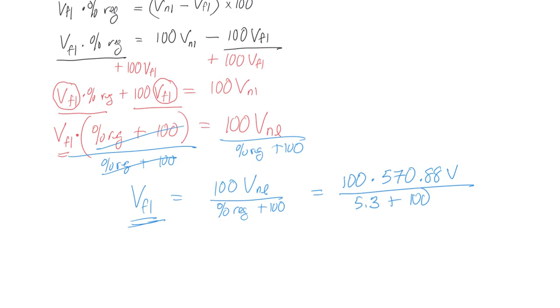Okay, calculator. This comes out to 542.146. And again, you can round this. I didn't ask in the question what to round it to, but you can round it to whatever they ask for in the question. Okay, hopefully that helps you out with those types of questions.